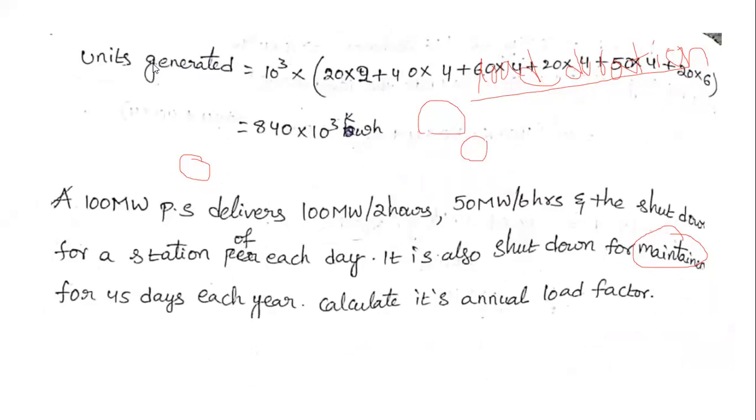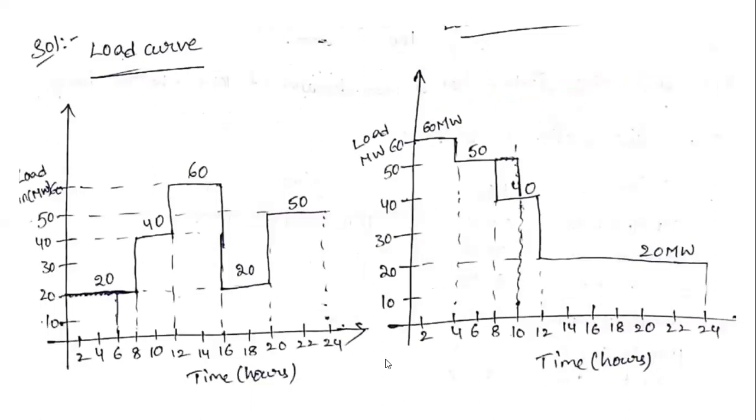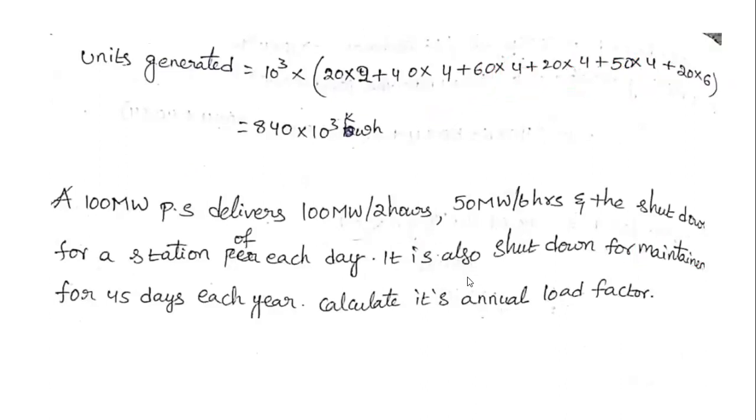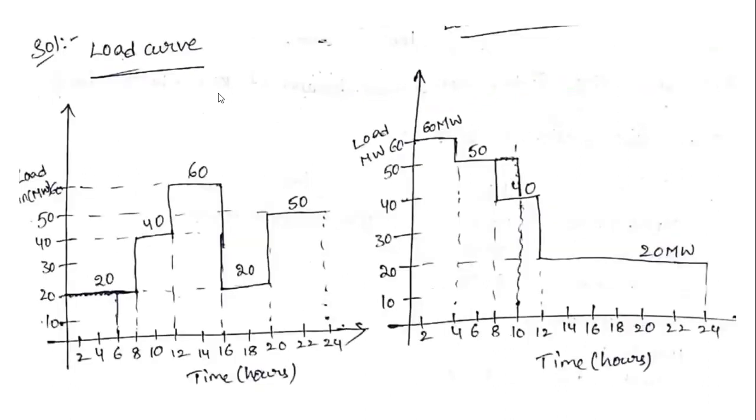Next, coming to the number of units generated. How will we calculate the number of units generated? That means the area under the load curve. That will be easily calculated from the load curve or the load duration curve.